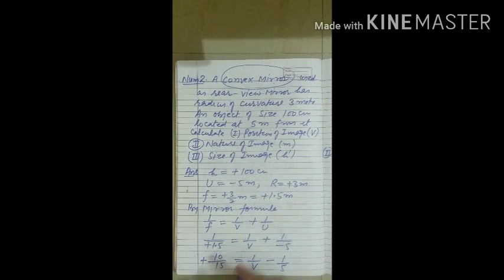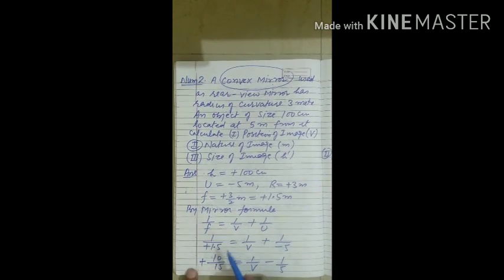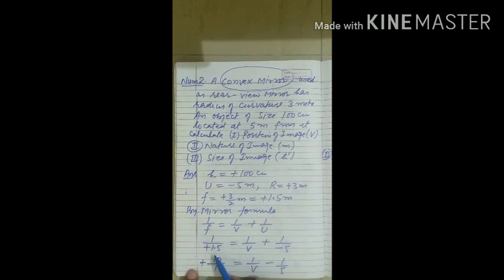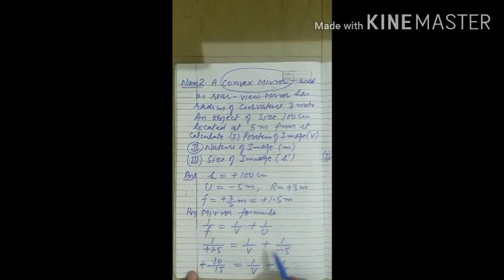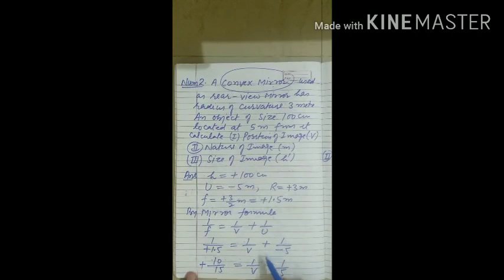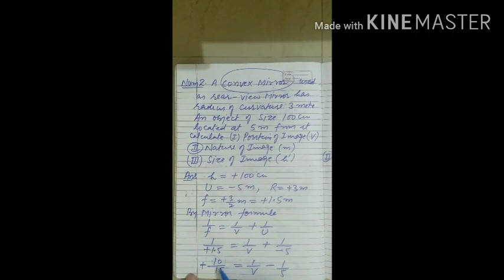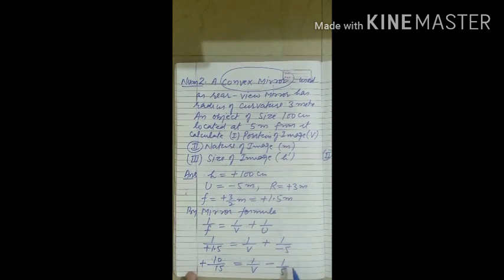Now by mirror formula, 1 upon f is equal to 1 upon v plus 1 upon u. Now substituting the values, 1 upon f I have kept as plus 1.5 and 1 upon v plus 1 upon minus 5. This minus 5 automatically replaced this plus sign. Now this point also removed. 10 upon 15 is equal to 1 upon v minus 1 upon 5.